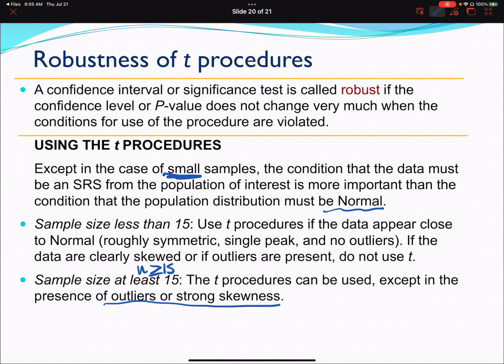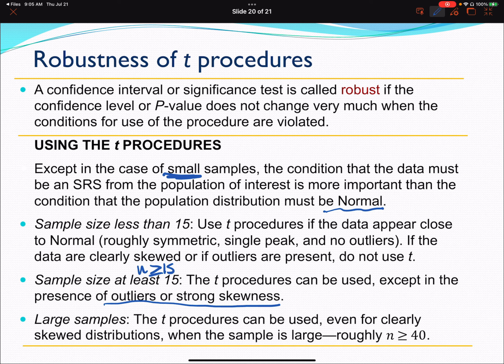Again, outliers ruin everything. When there are large samples, t procedures can be used even for clearly skewed distributions, roughly when n is greater than or equal to 40. Other textbooks say 30, but this one refers to it as 40.